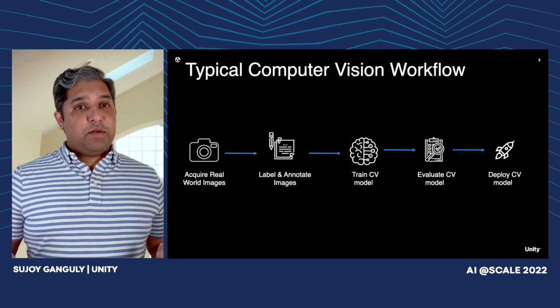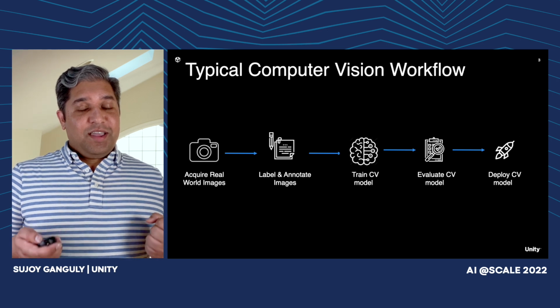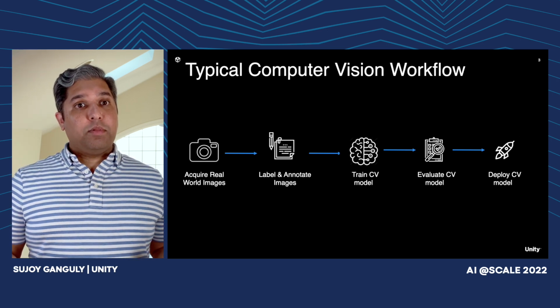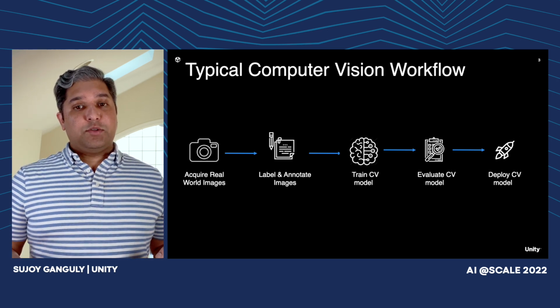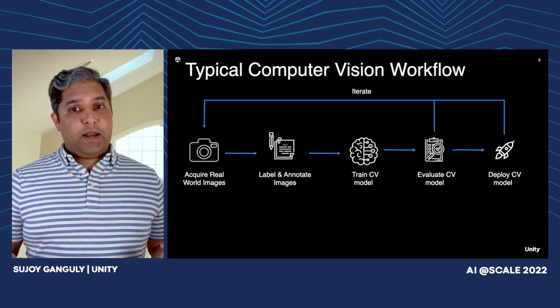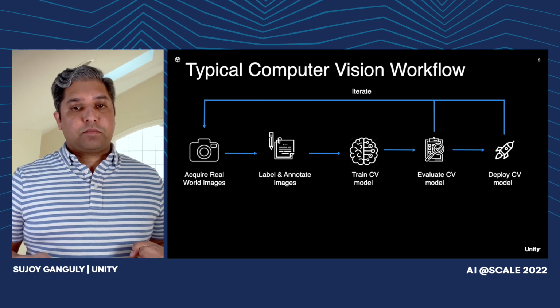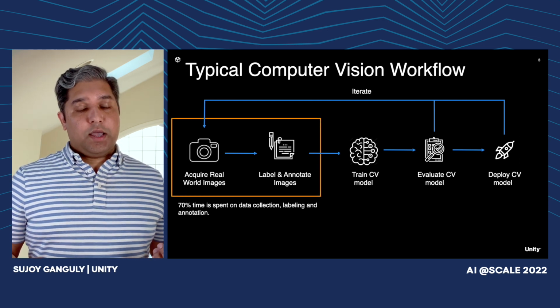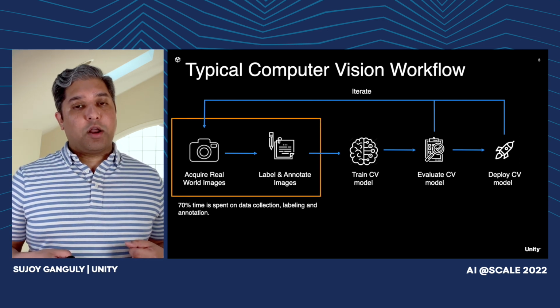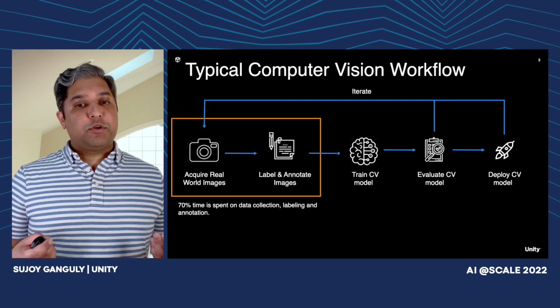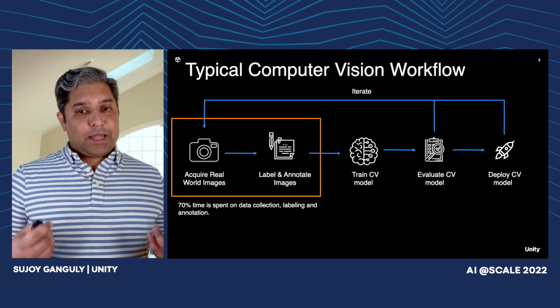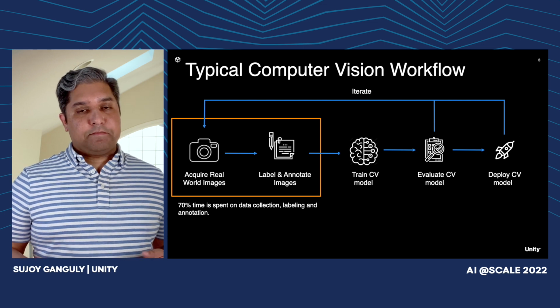And then the bane of everybody's existence is in production, we find out there's a problem with our models and realize we have to go back and acquire more data, get it relabeled, retrain the model, and reevaluate. And therefore, oftentimes in any computer vision product, we're spending 70% of our time collecting data, labeling it, annotating it.